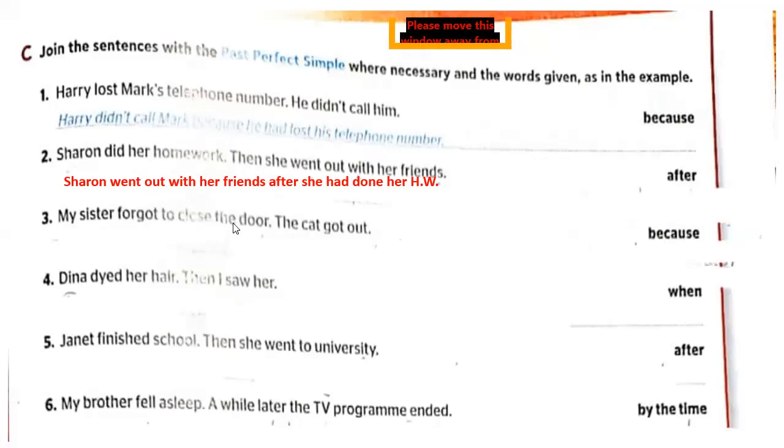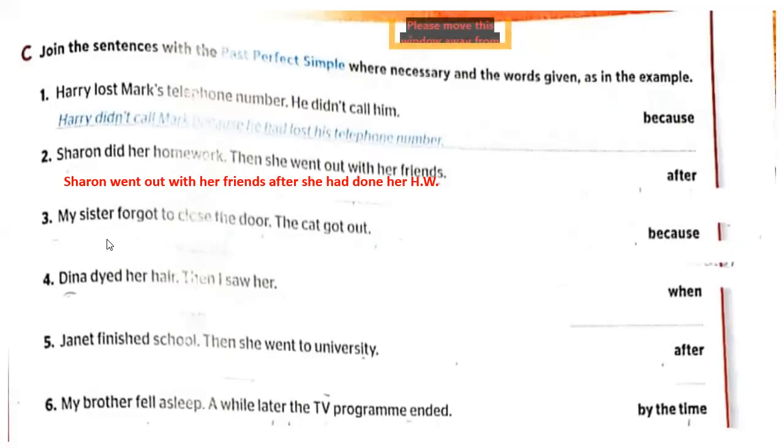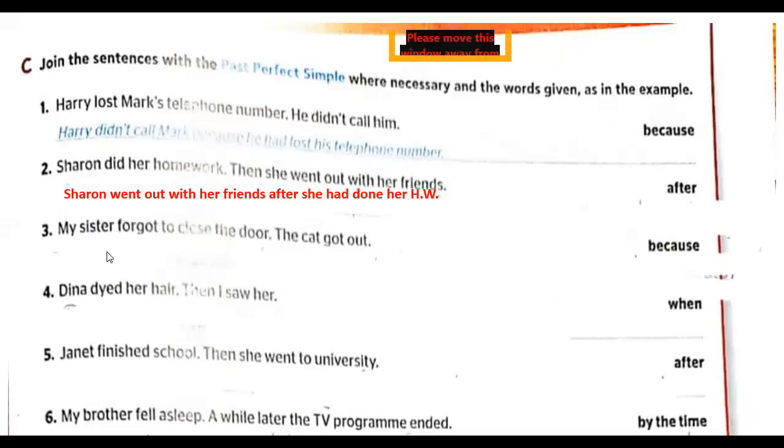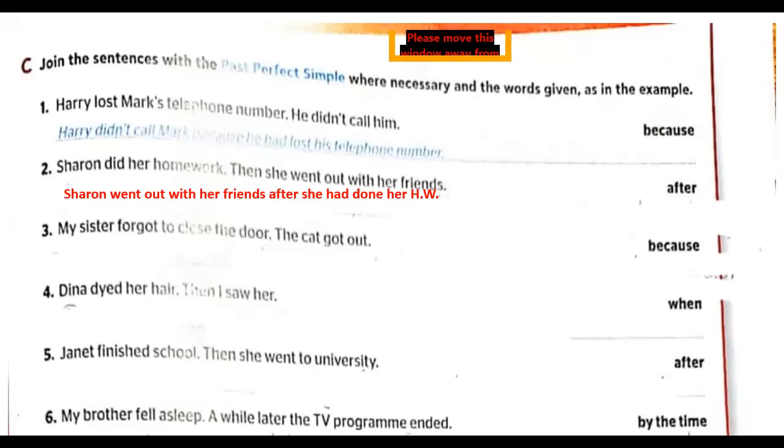Action number 1 is my sister forgot to close the door, and action number 2 is the cat got out. Use because.